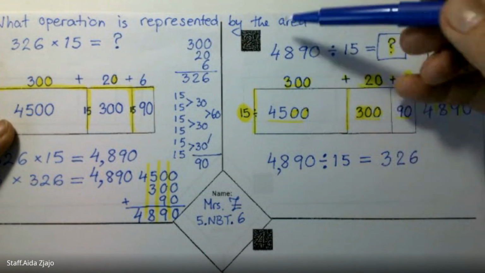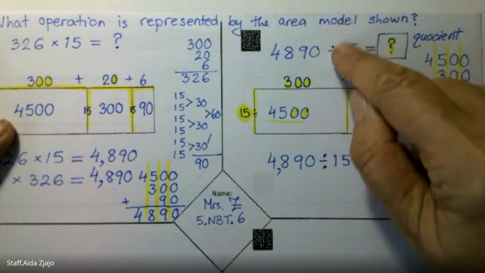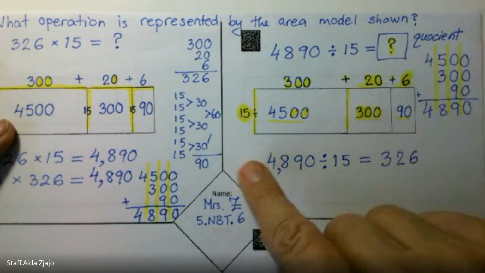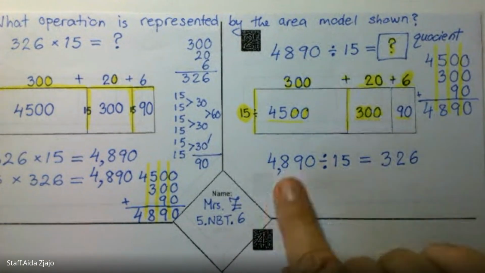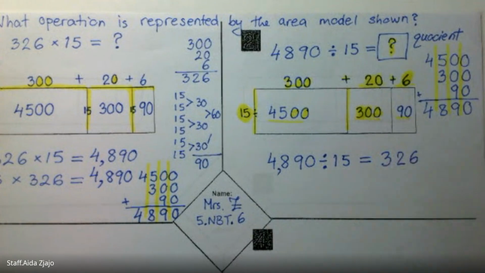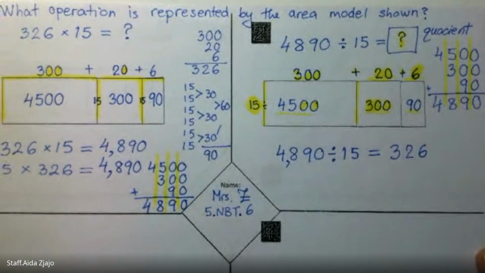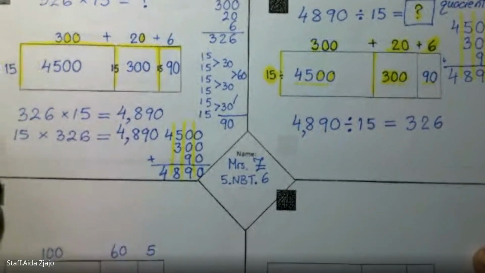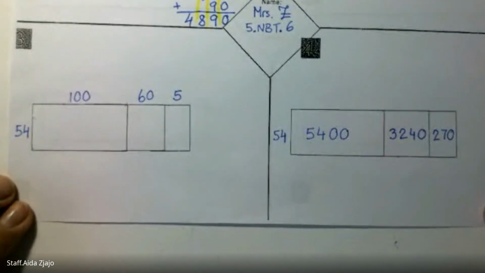They could be laid out on the top, and then students in the digital component have to drag a 300 to this box, 20 to this, 6 to this, and then find what the quotient is for this problem. If they never see this and never work on this, then they won't understand it. Let's try one more problem.